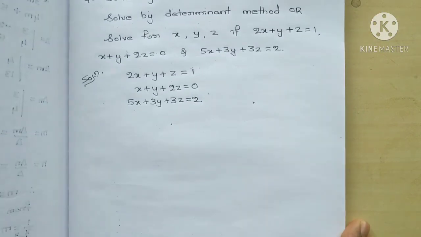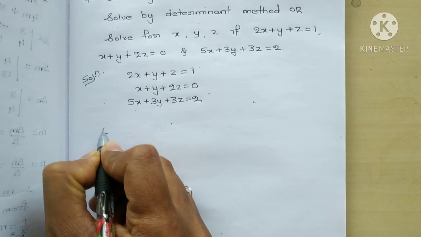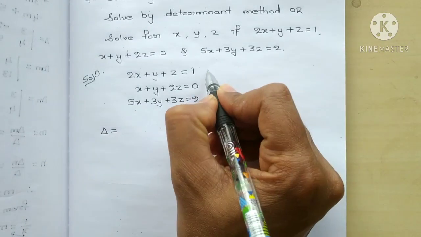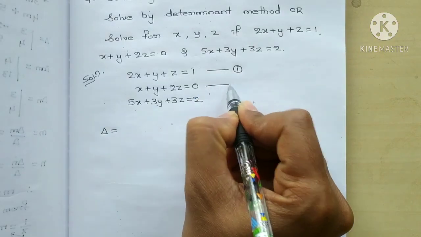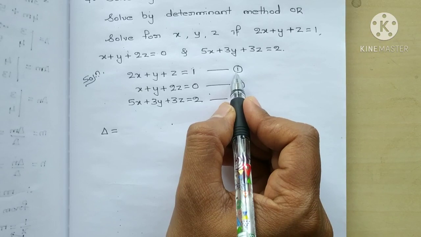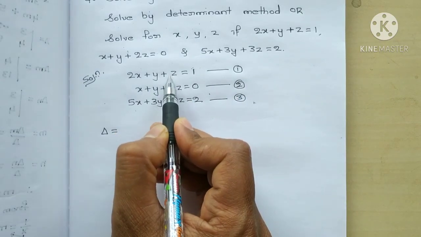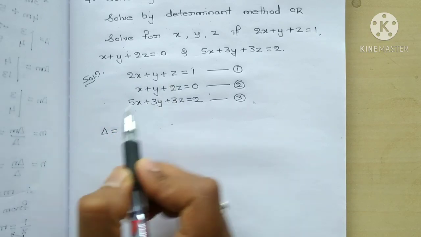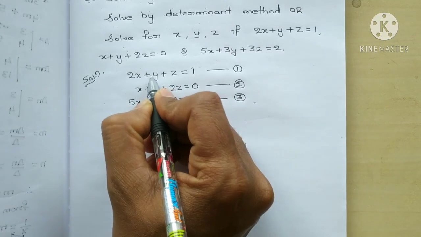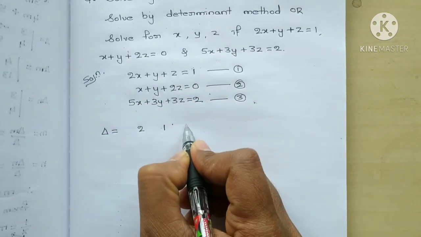So first, what to do? You need to find delta. To find delta, call these equation number 1, equation number 2 and equation number 3. In equation 1, take the x coefficient, y coefficient and z coefficient. All are positive signs only. So x coefficient is 2, y coefficient, nothing means 1, z coefficient also nothing means 1.